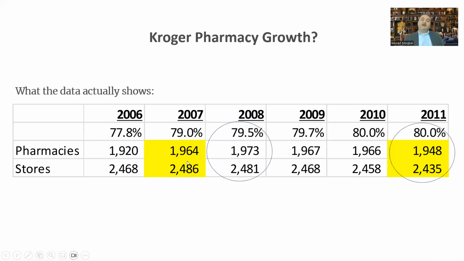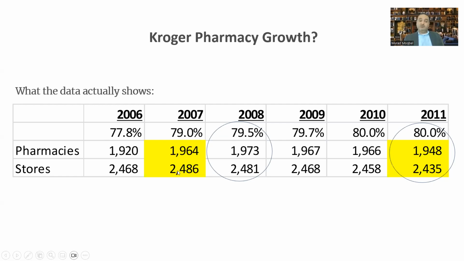We notice that the number of stores has been decreasing. So in 2007, for example, we had 1,964, and then it increased in 2008, and then it went down to 1,948 in 2011.